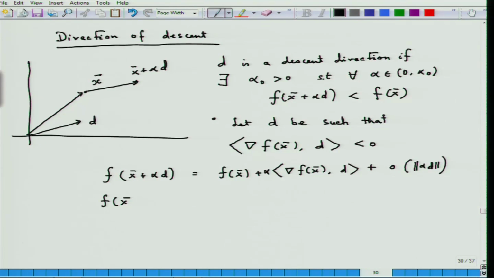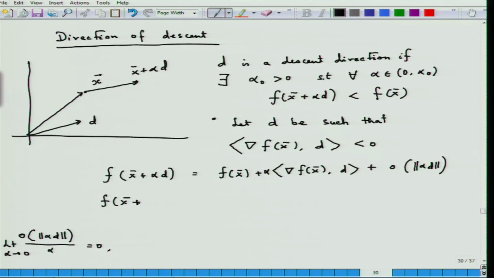Basically, o of norm alpha d is the same as o of alpha. If you divide this by alpha and take the limit alpha tending to 0, this would become 0. So, that is why I can replace this by the term o of alpha.